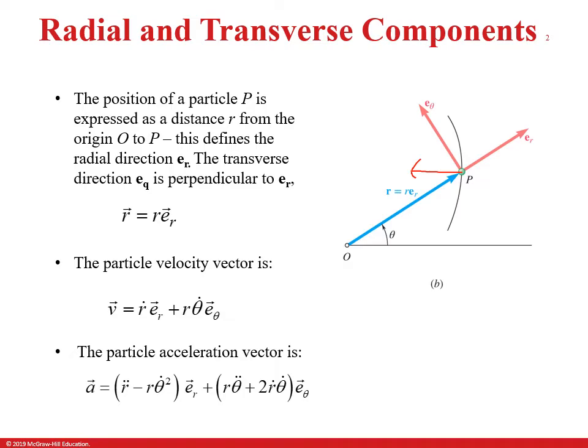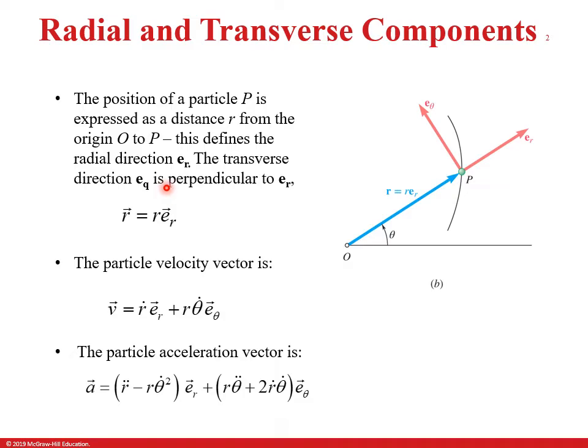And now explain this very clearly. The position of particle P is expressed as a distance r from the origin O to P. This defines the radial direction E sub r. The transverse direction E sub theta is perpendicular to E sub r. So E sub theta would be the direct opposite of E sub r. You'll have to remember that.